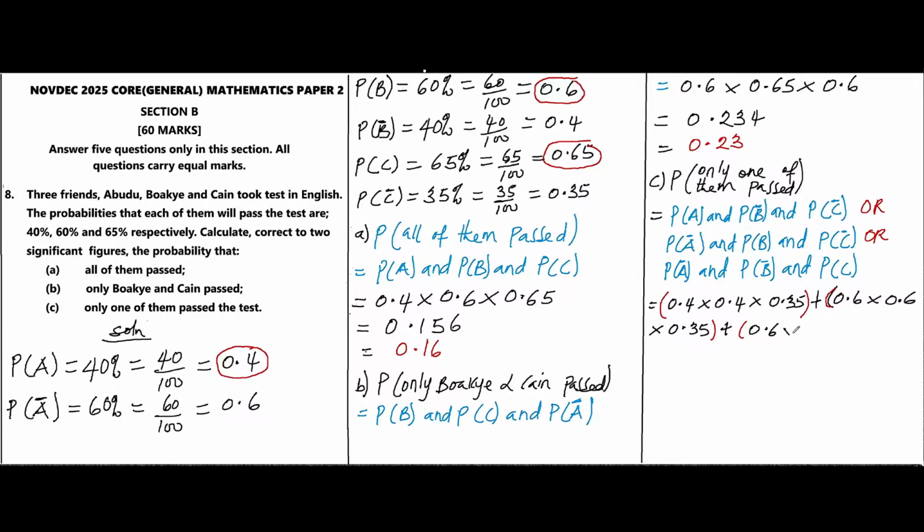And Boakye failed, 0.4. And Cain passing, 0.65.